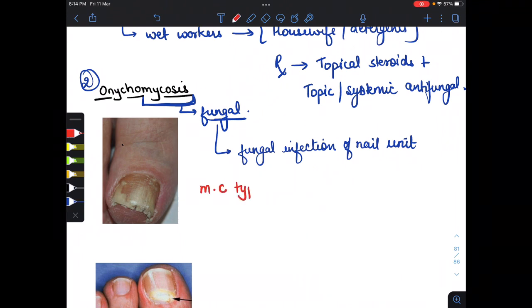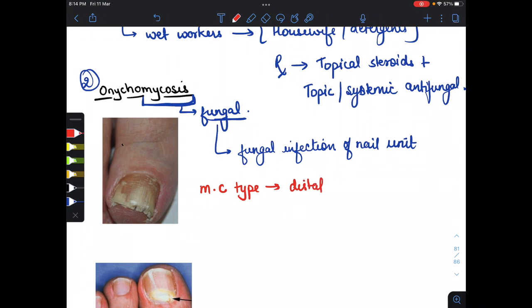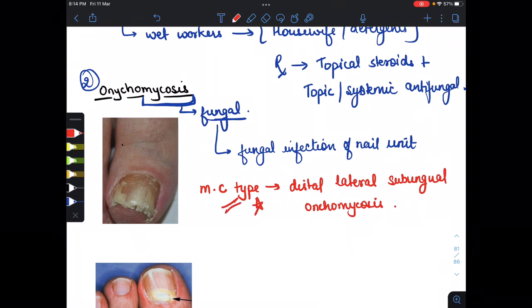The most common type is distal and lateral subungual onychomycosis. Please remember, the most common type is distal and lateral subungual onychomycosis.